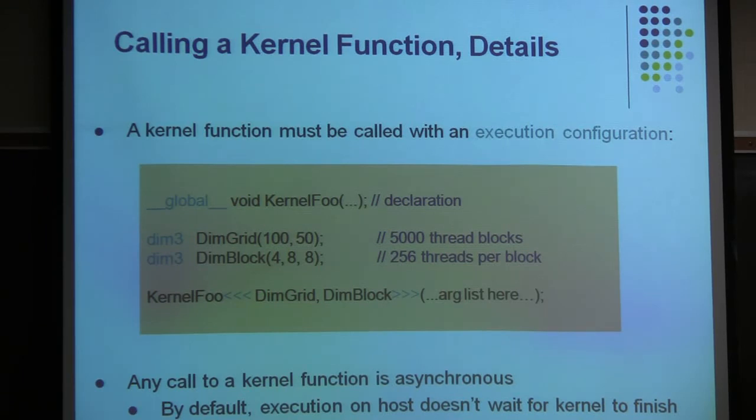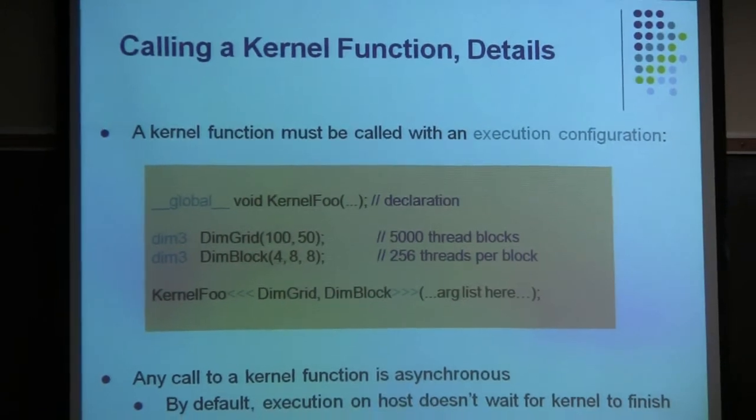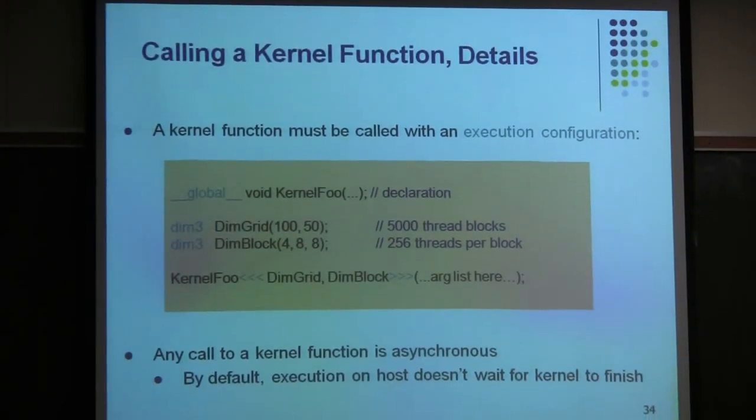When you have a kernel that needs to be executed, you specify how many blocks you want to have it run on, and in each block, how many threads you have in that block. There's a limit on the number of threads that a block can hold, namely 512.